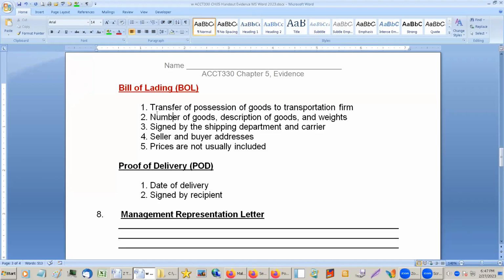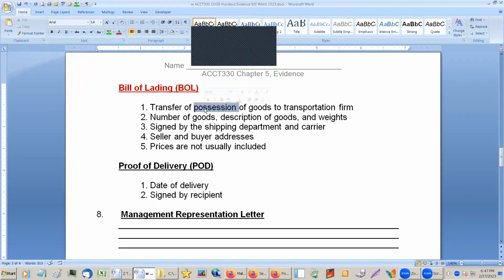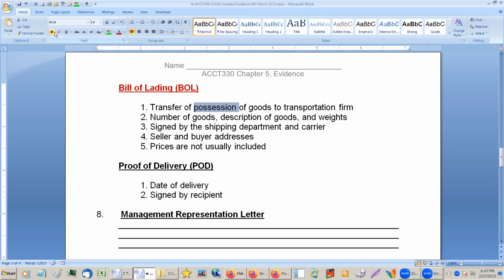Now, it's a legal document, and the bill of lading is very important because it has a third party involved. Both the shipper, the client, and the freight company or whoever's picking it up have to sign it. It's basically an agreement saying this is what was put on board. It transfers possession of the goods, not title of the goods, to the transportation firm.